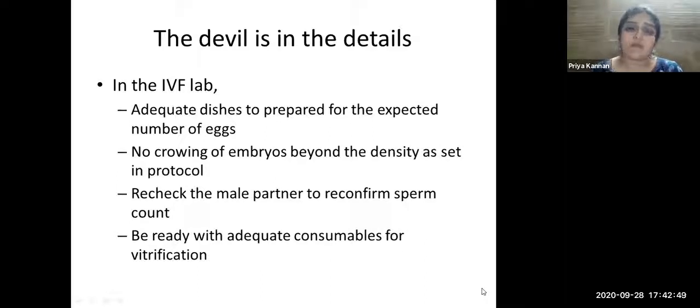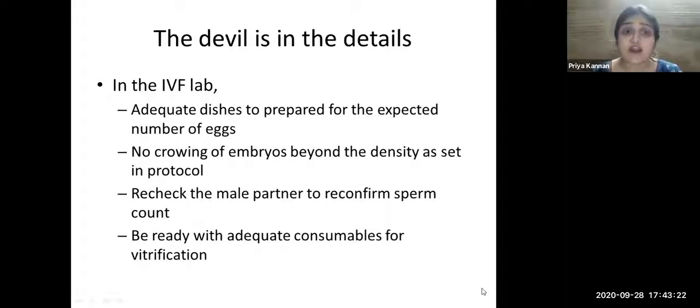Maybe I can even accommodate the 7th. But beyond that, it will increase the density of the embryos in that particular drop, which means there will be lots of reactive oxygen species and metabolic excreta in the media, which will reduce the optimization of the culture system for that particular patient, and hence there will be higher fragmentation rates, poor quality embryos, and definitely a reduction in the pregnancy rates.